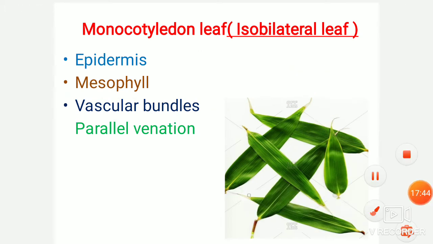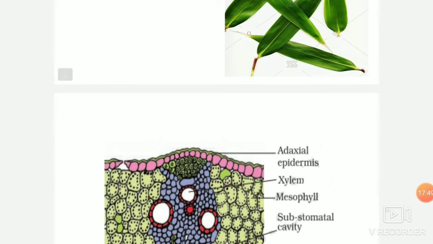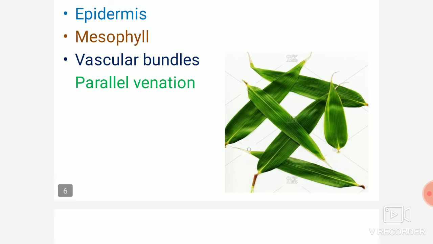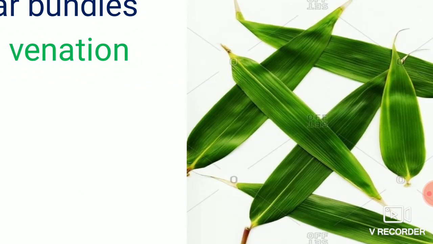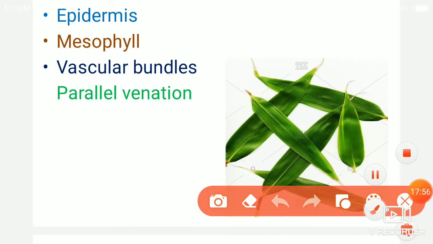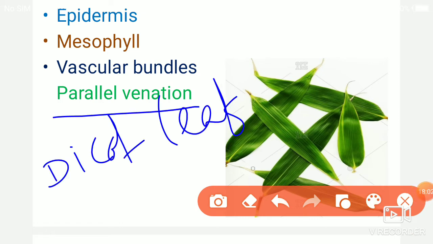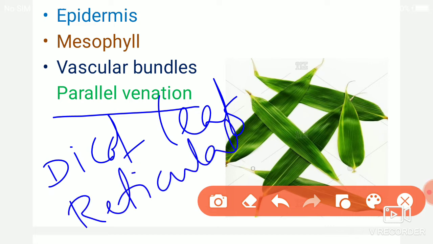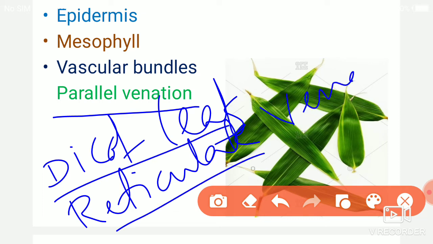In the case of the arrangement of veins and veinlets, the dicot leaf has reticulate venation, but the monocot leaf has parallel venation.